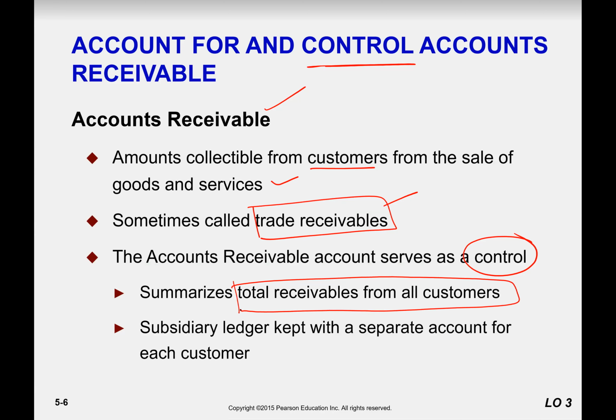So what do you think? Does a business have one customer or many? Many customers on which your business depends as credit sales. So how are you going to account for that? You make subsidiary ledgers with a separate account for each customer. What does this mean?